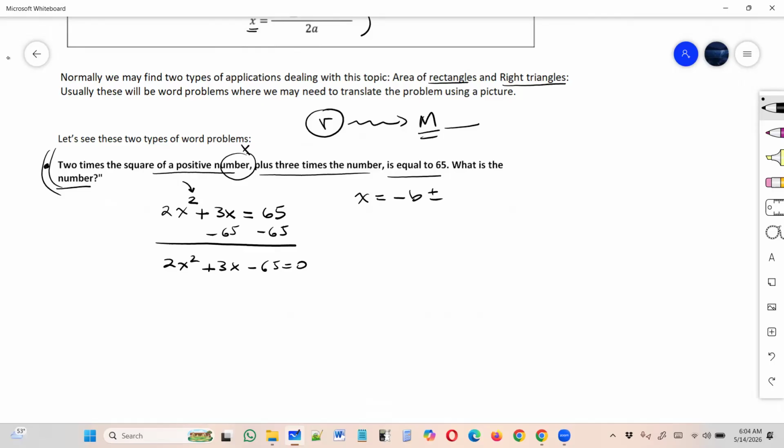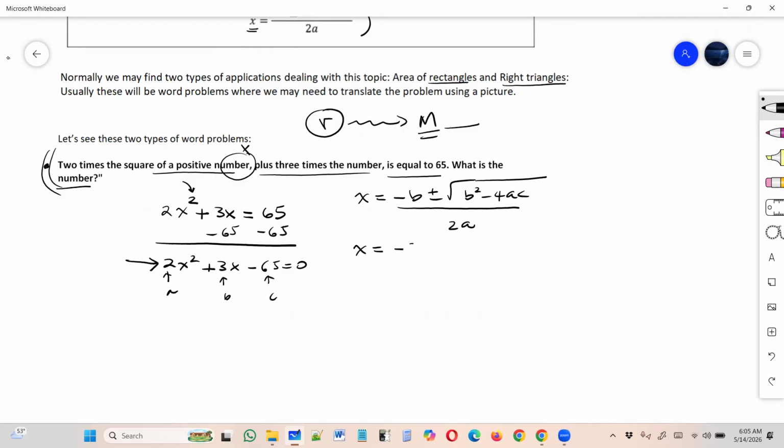So here's the formula again. And in order to use these coefficients, the quadratic equation has to be written in this form. So let's put the coefficients a, b, and c into the formula.